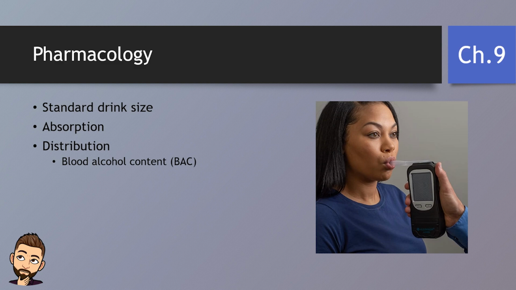So for example, if we took two people that weigh the same amount actually, and one of those people is a pretty lean person, not a lot of body fat, but they still weigh, let's say, 150 pounds. And then we take another person that also weighs 150 pounds, but they're less lean. They have more body fat on their body.